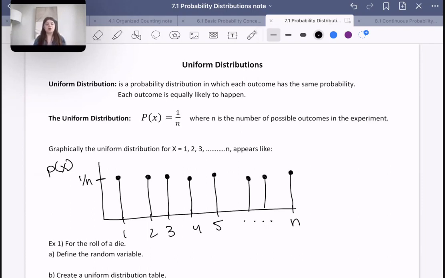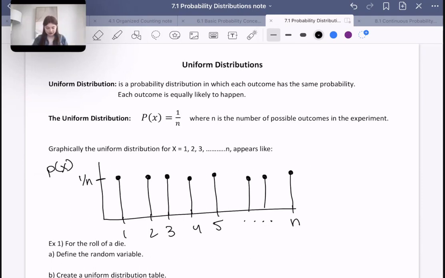But flipping a coin once would be uniform because we're equally likely to get heads or tails. If we flip it twice, the different outcomes are no longer equally likely, right?